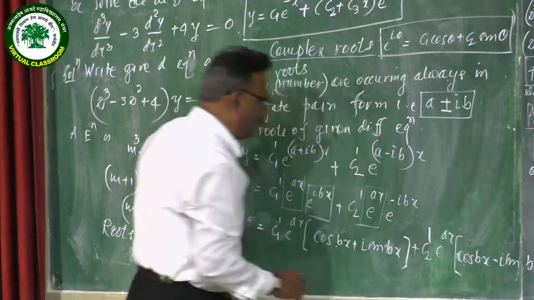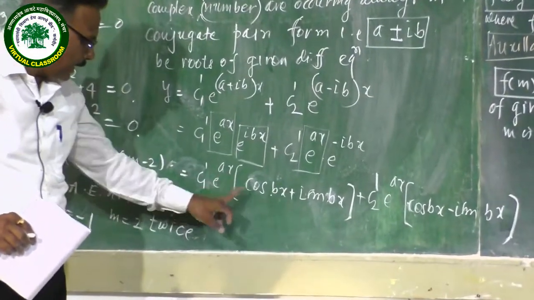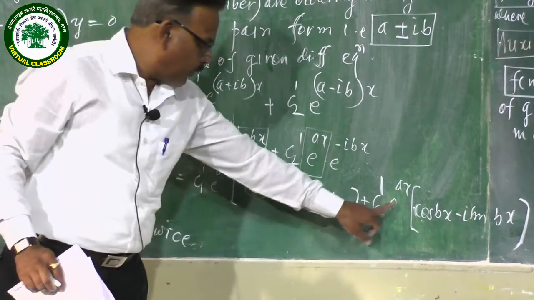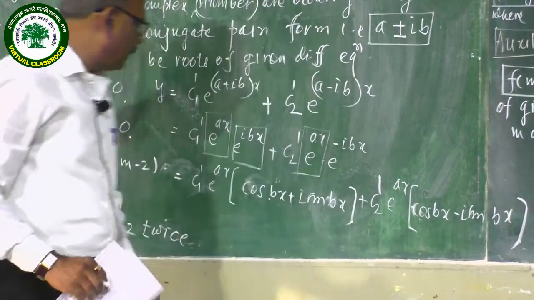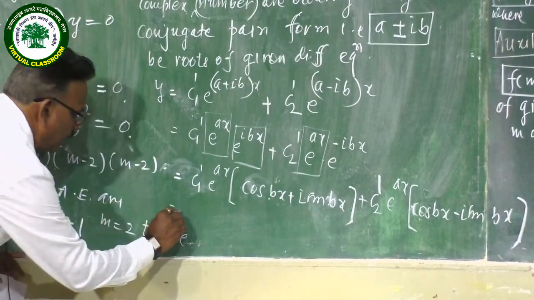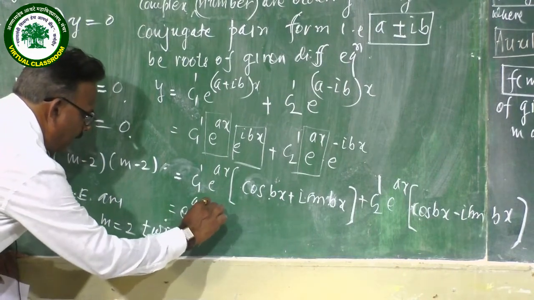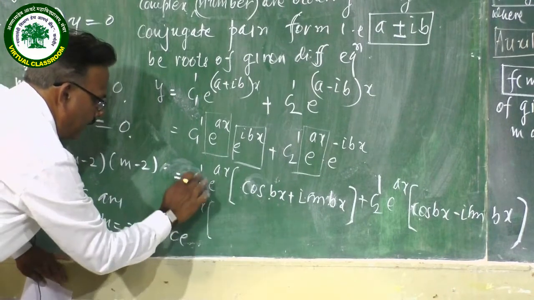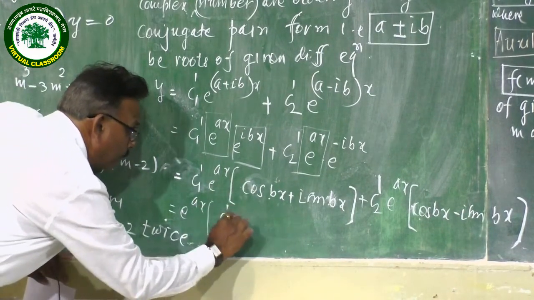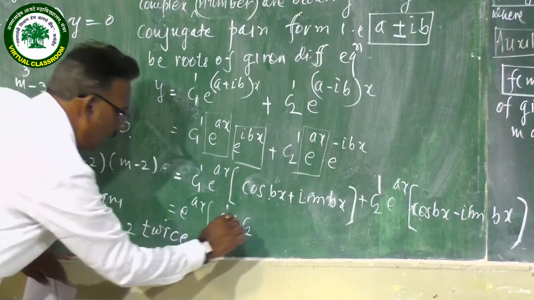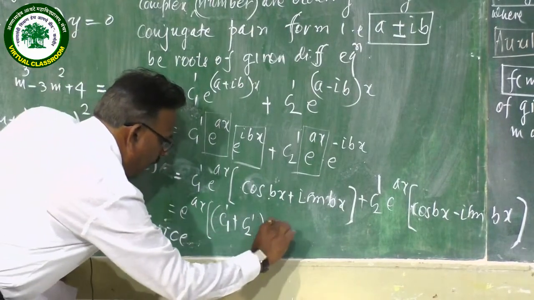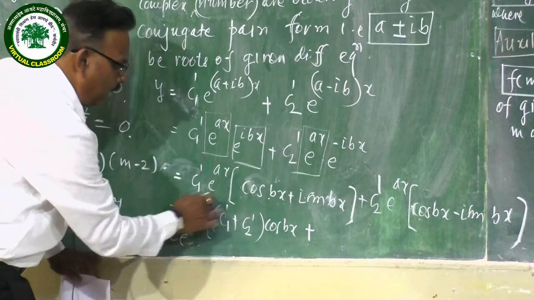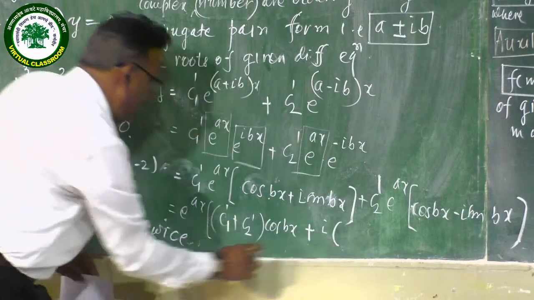Now see here, e raised to ax is a common term. Cos of bx is also there.